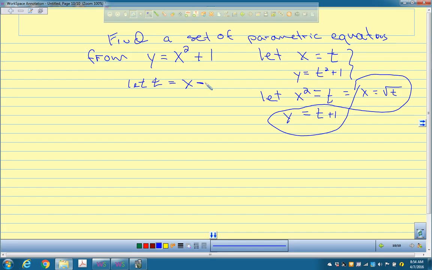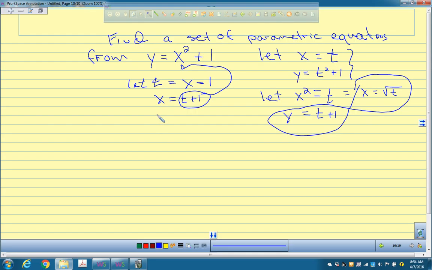Let t equal x minus 1, for instance, okay? Let t equal x minus 1, that means that x would be equal to t plus 1. And then to find y, I would take t plus 1 and plug it in there.